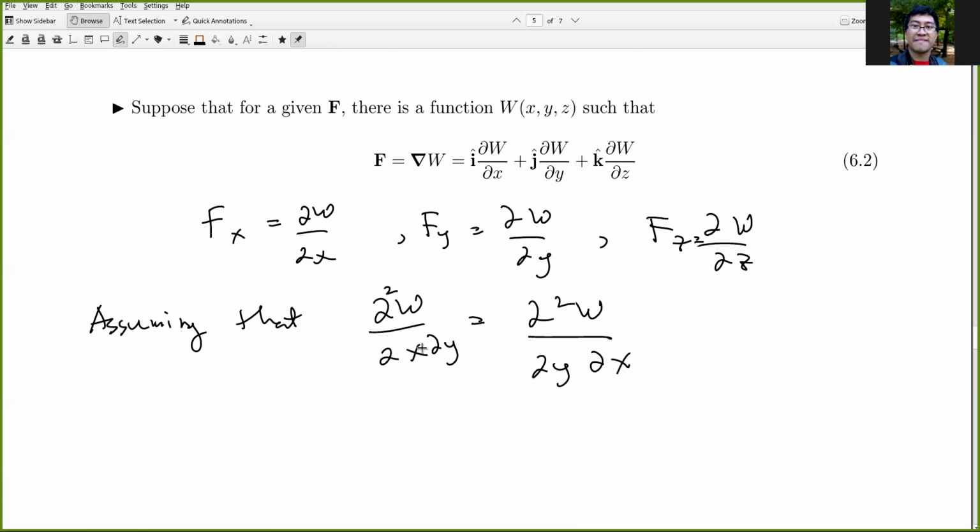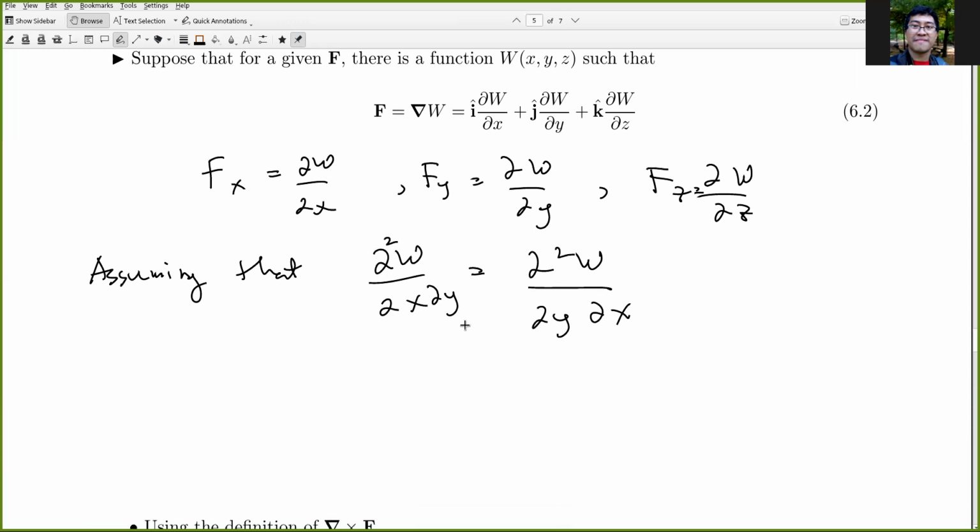So if we switch the order of derivatives, we assume that it doesn't change. So you have this assumption. It means that if you take the partial derivative of Fx with respect to y, you can interchange, so you can take the partial derivative with respect to x of Fy.